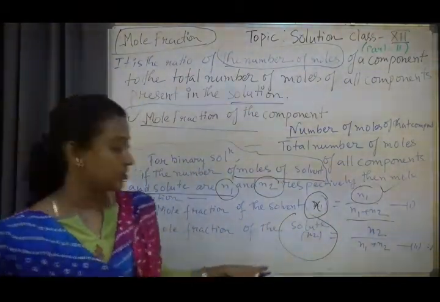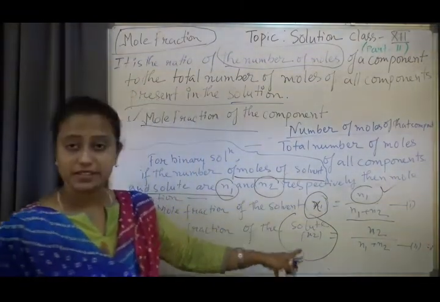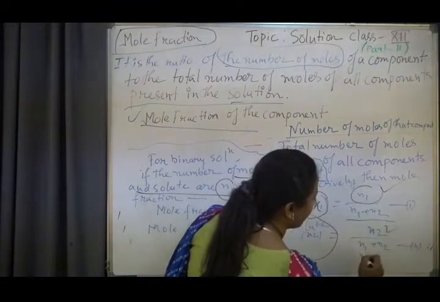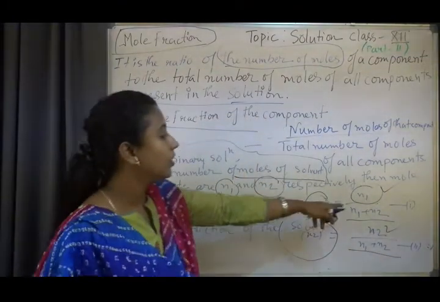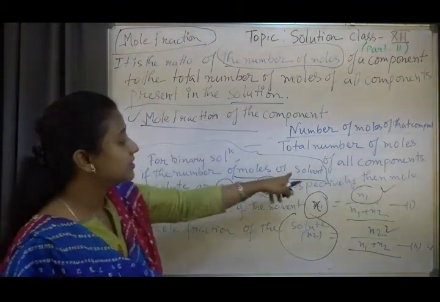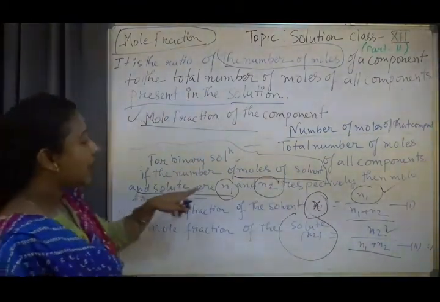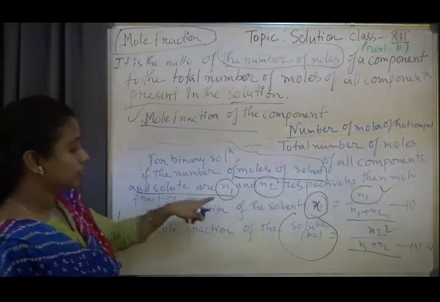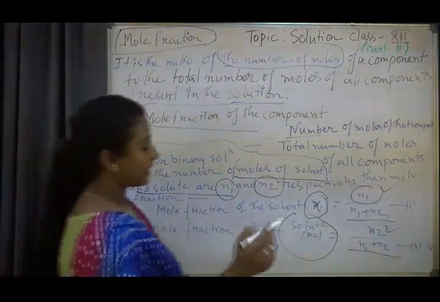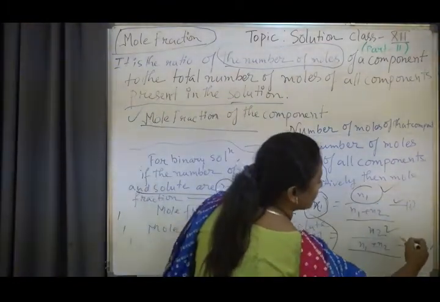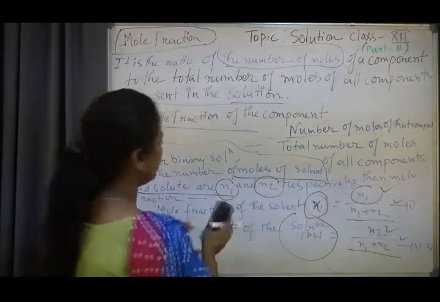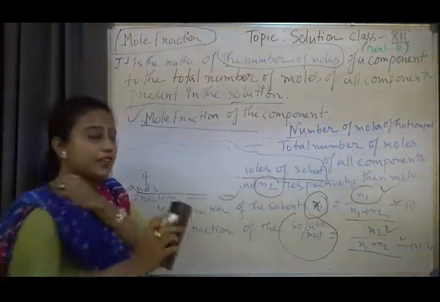The mole fraction of the solute, represented by x2, can be written as n2 divided by n1 plus n2. Again, n1 is the moles of the solvent and n2 is the moles of the solute. So I can write this as number 1 and number 2. I hope all of you have written it.